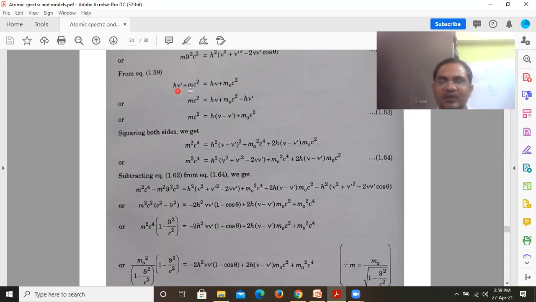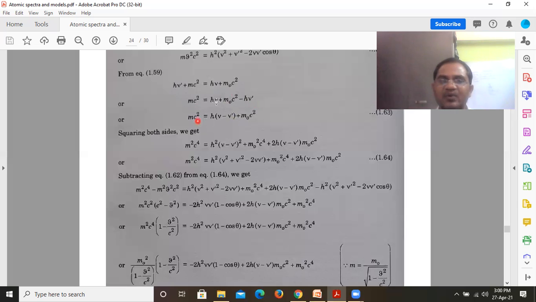Using that concept, we have written this step. h nu dash plus mc square is the total energy after the collision. The right hand side term represents the total energy before the collision. From this, with mc square as the subject, mc square equals h nu plus m naught c square minus h nu dash.